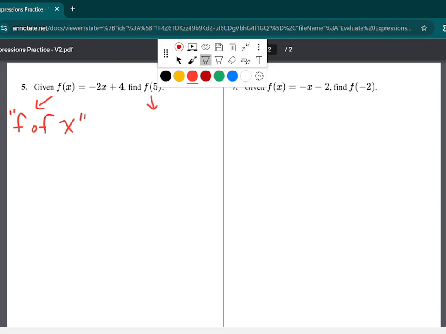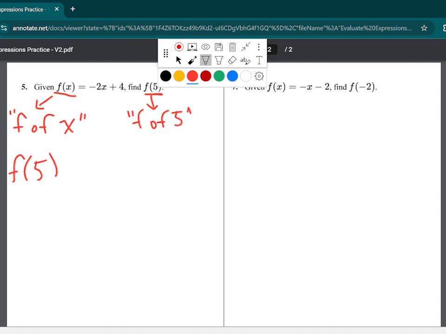Find f of 5. All this formatting, this f parentheses stuff, just means that for this function, x is our variable. So wherever we see an x, we're going to plug in a 5. We're still just doing evaluation. It's just worded in a different way.